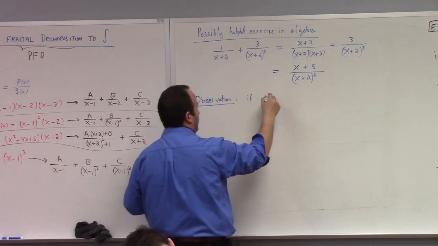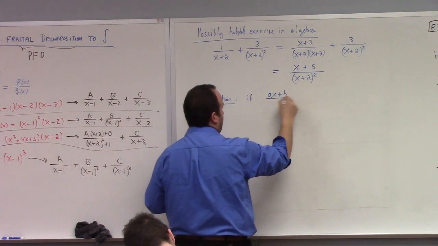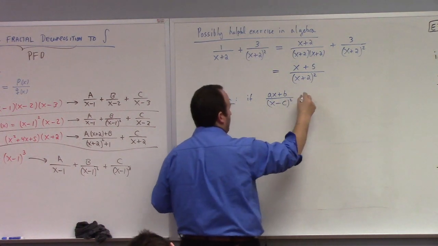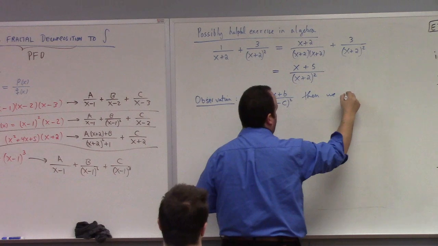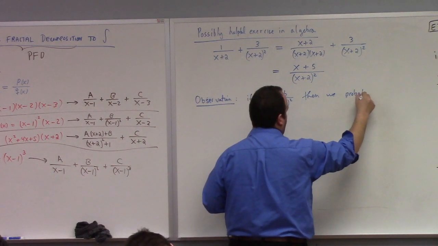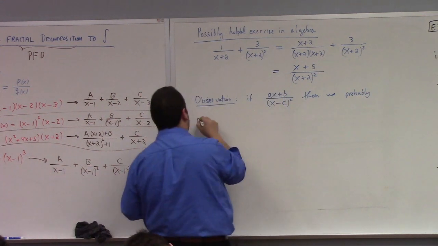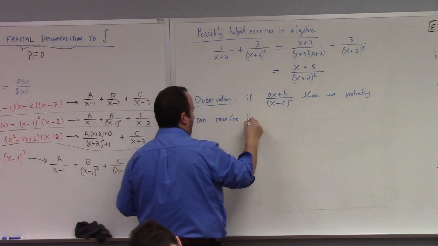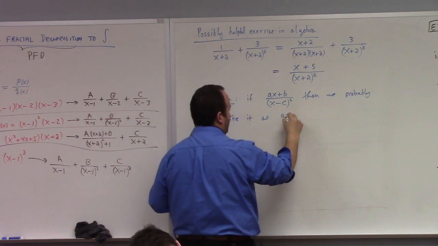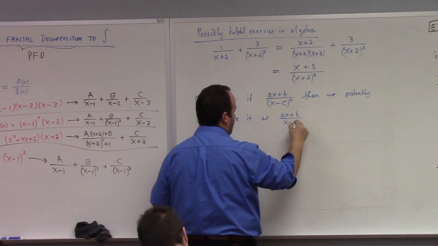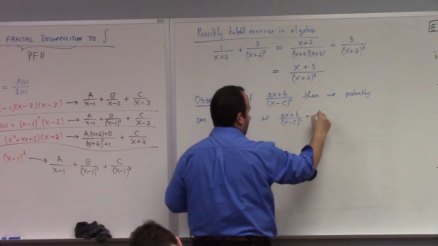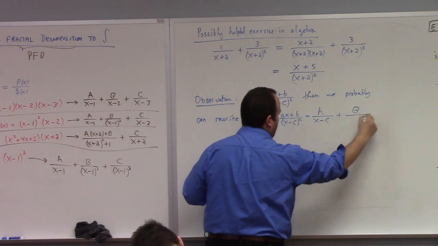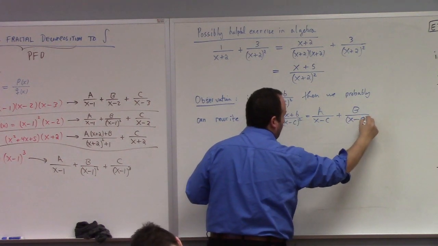If we have something like ax plus b over x minus c squared, then we probably can rewrite it as ax plus b over x minus c squared equal to some constant, let's say big A, over x minus c, plus some other constant big B over x minus c quantity squared.